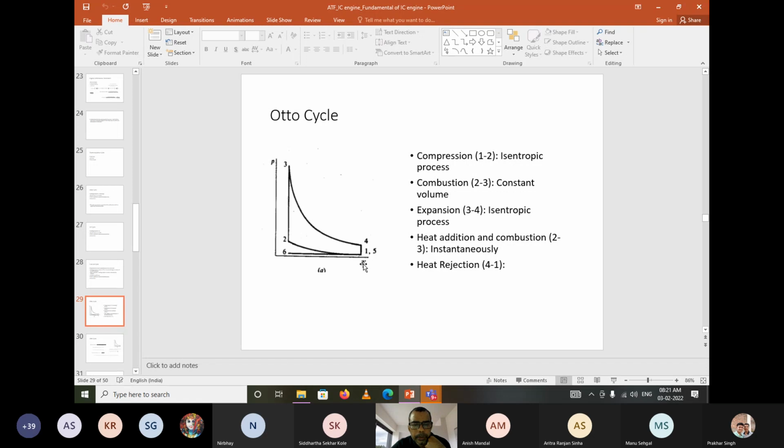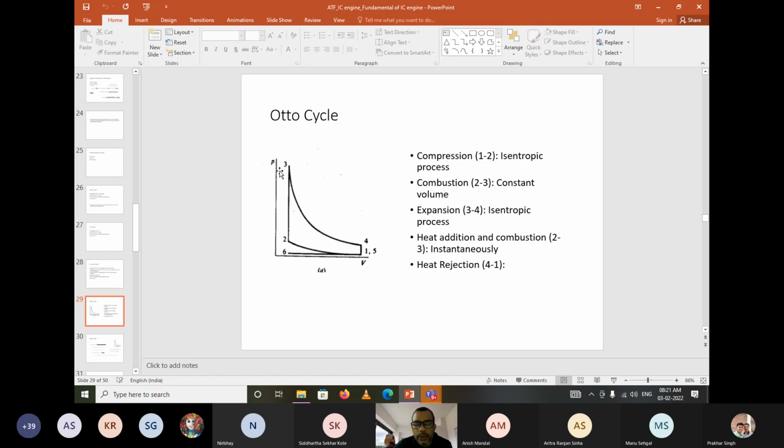But if I ask you to plot the Otto cycle on the P theta diagram, it means the y-axis will remain the pressure and the x-axis represents the crank angle rotation of the crankshaft. Theta, that is the crank angle rotation.